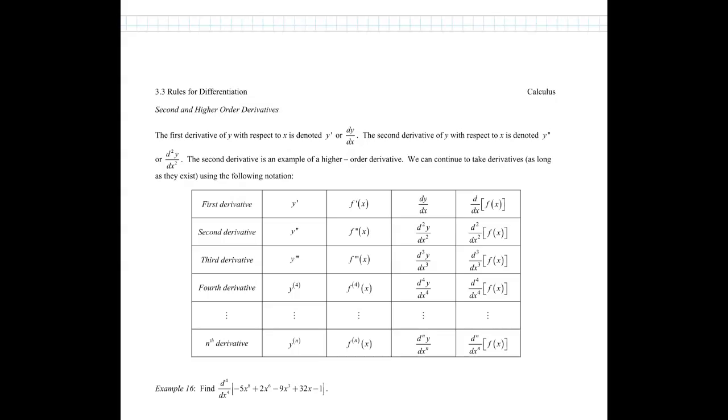Notice how after the third derivative, you no longer have to put those little apostrophes there. You just have to put the fourth or the nth in both places. So no worries there. We'll get to that in the next video.